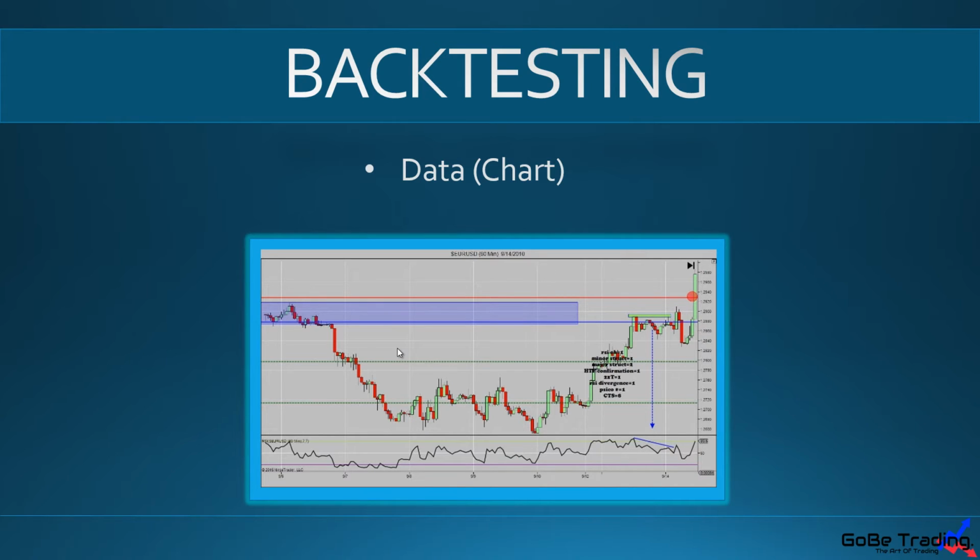I think Trading Station from FXCM gives you data as well. You can go to TradingView. There are a lot of ways to have data. That's nothing out of this world. It's something real simple.